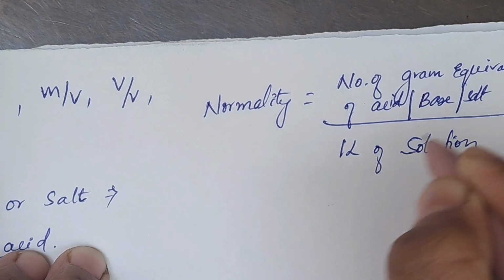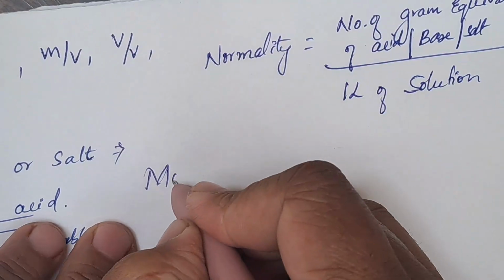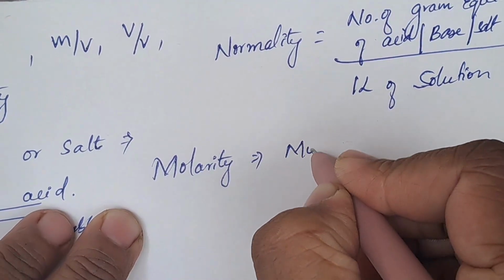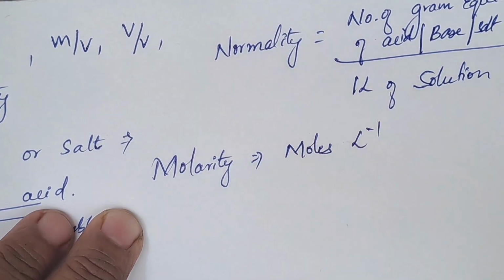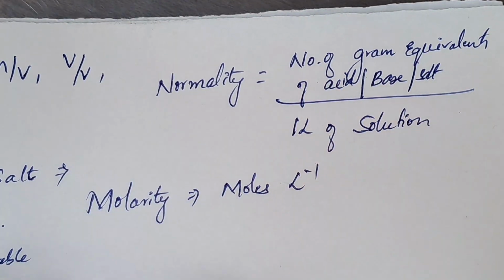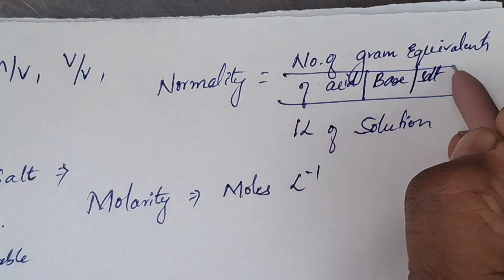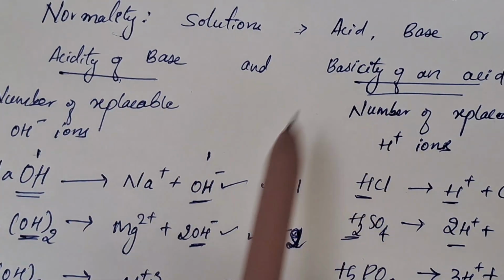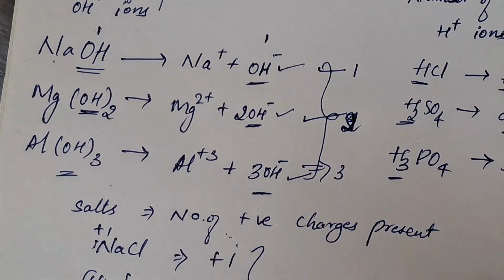We know molarity. What is molarity? That is the number of moles per liter of the solution. Whereas in case of normality, it is the number of gram equivalents. So to find the number of gram equivalents, you need acidity or basicity or number of positive charges.